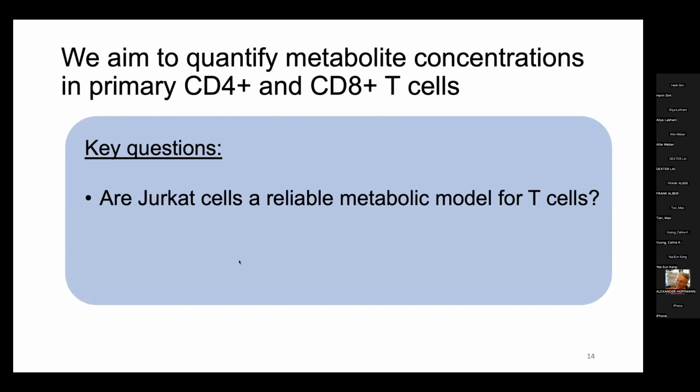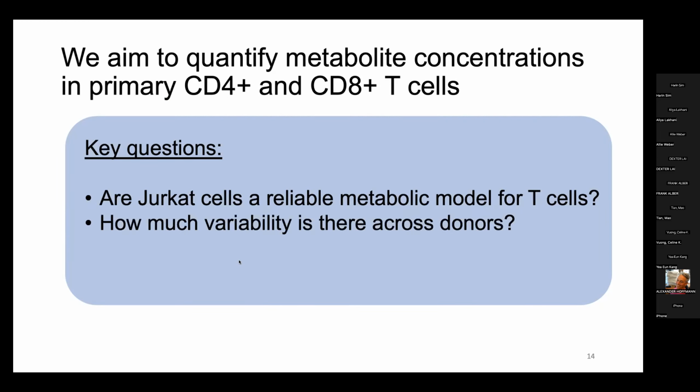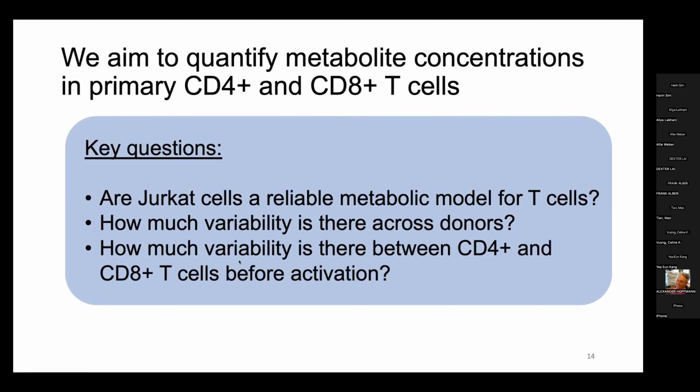Like I mentioned, they're an immortalized cell line, so they're really great for culturing in vitro, but we're not sure how well they represent primary T cell metabolism. We also want to know how much variability there is across different donors. And we're also interested in seeing how much variability there is between different T cell types, particularly CD4 and CD8 T cells, which are helper and killer T cells, respectively.